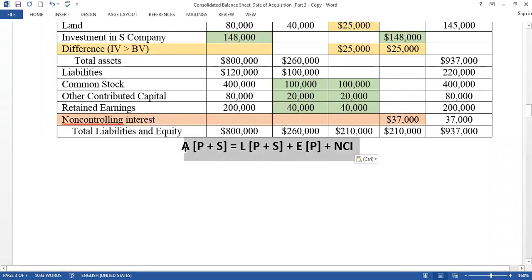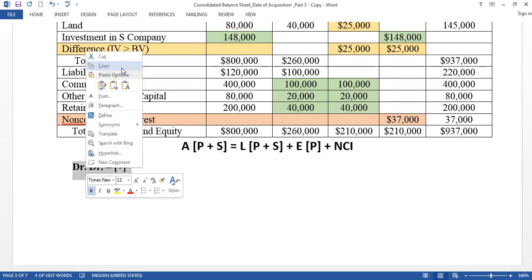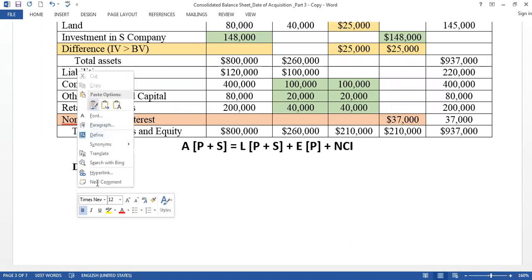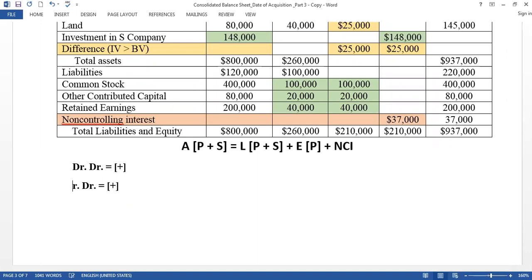Now to fulfill this equation, you should know another formula that you learned from your Principles of Accounting 1. If you find all debit, it is plus. That means you have several accounts and all are debit, so you add them. If you have several accounts and all are credit, you also add them.